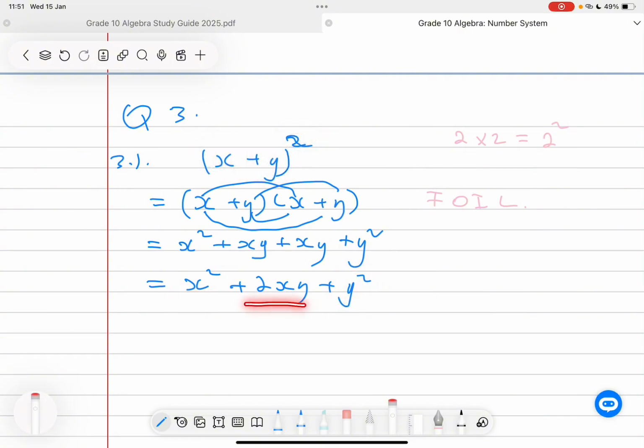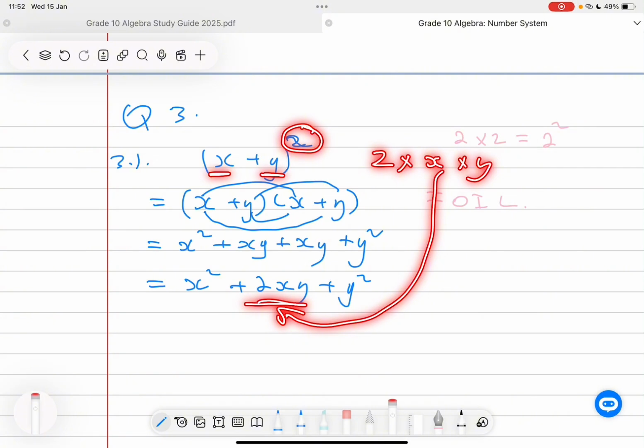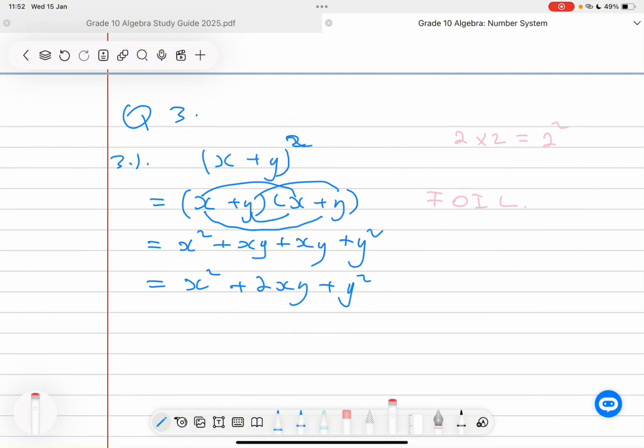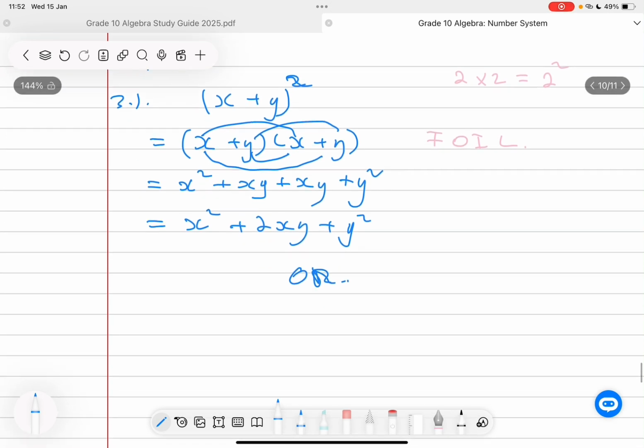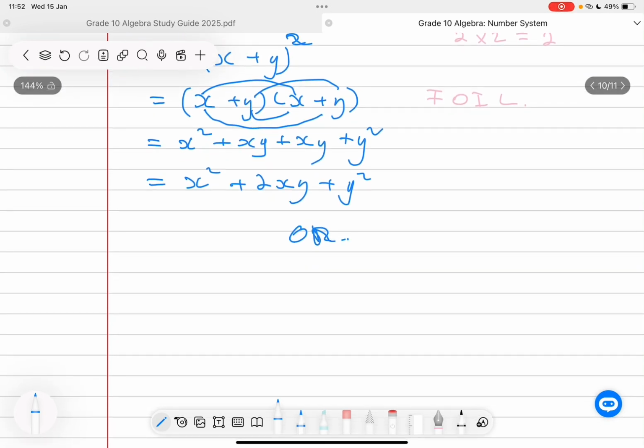But when you look at the middle part here, it's like I'm taking these 2, multiplying it by x and multiplying it by the y. So I'm having a 2 times x times a y to get the 2xy. That proposes a fact that we can actually solve this problem differently. We can use inspection to solve this problem, which is going to be a shortcut.